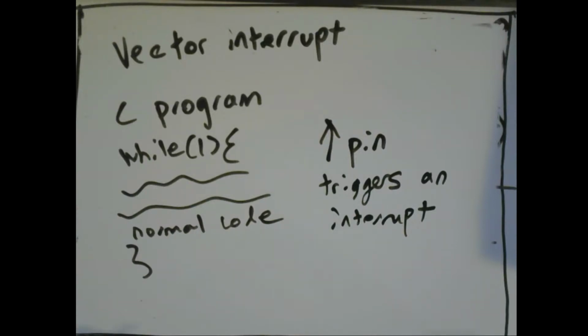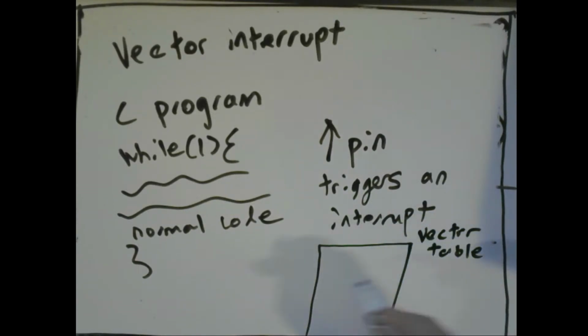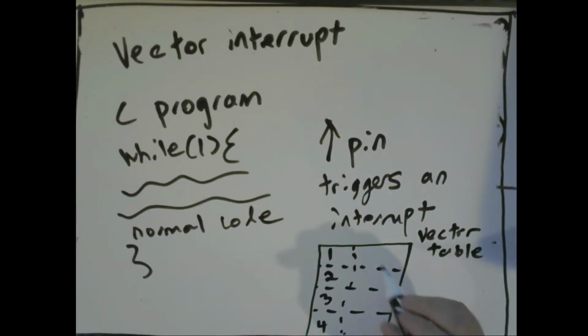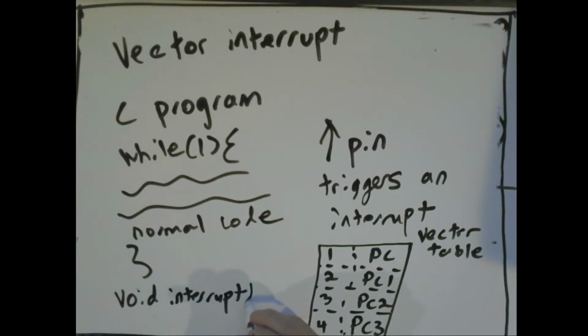What happens in the microcontroller is there's a table called a vector table. And it lists different interrupts. Like it might have different numbered interrupts, and here it has a program counter value. And what that program counter value points to is some other piece of code right here. So this is some loop we have in our code, and right now we have some void function, the interrupt handler.